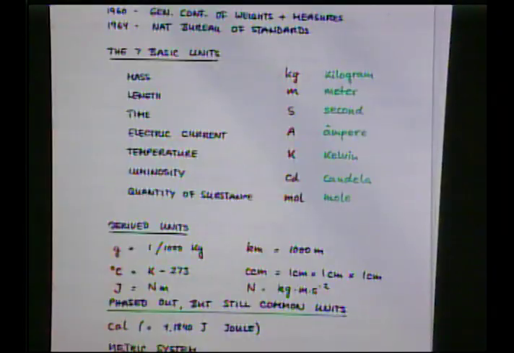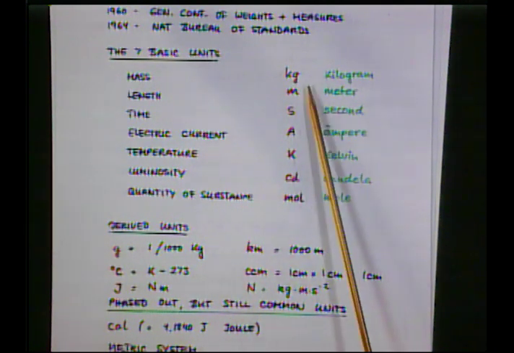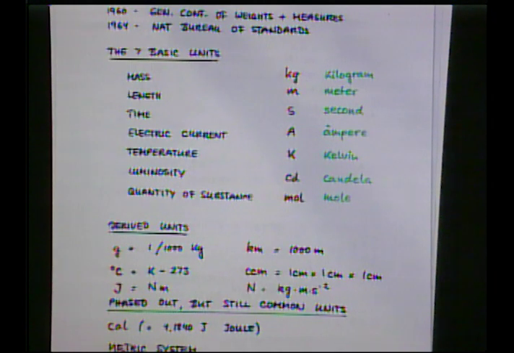We can measure mass, length, time, electric current, temperature, luminosity, and the quantity of a substance. The mass is standardized by the kilogram, and all these physical standards are exhibited in the Museum of Sèvres, which is close to Paris, as the original kilogram, original meter.